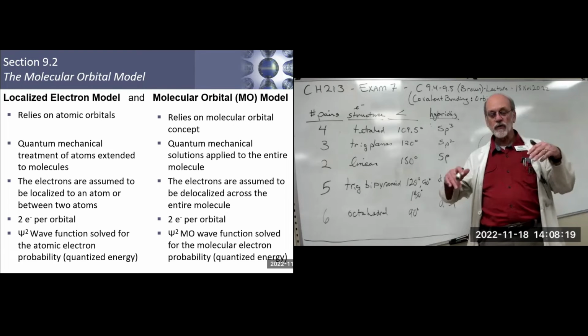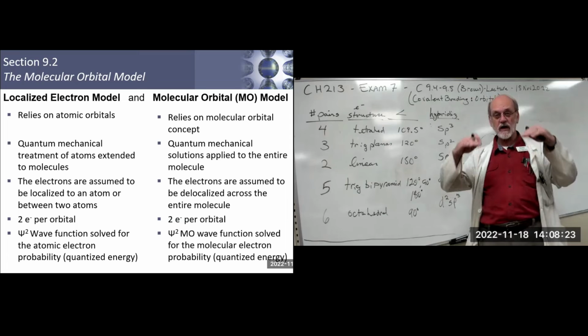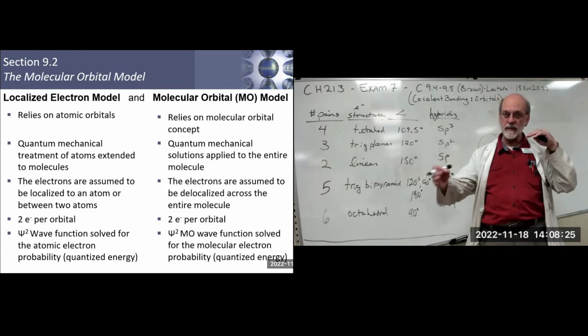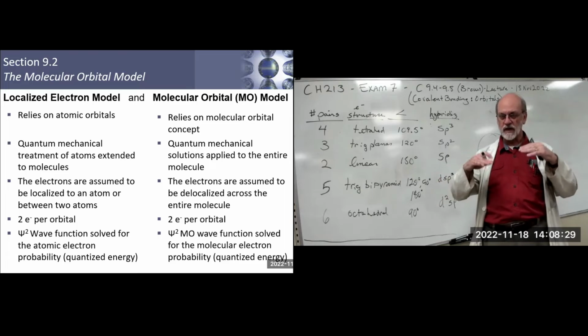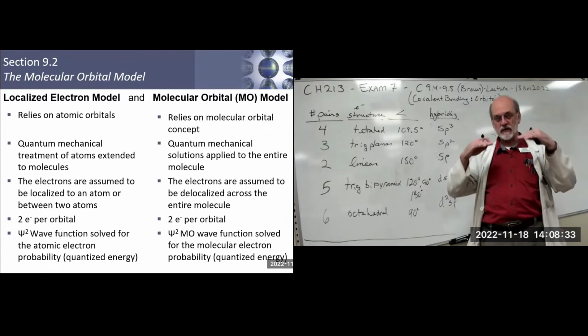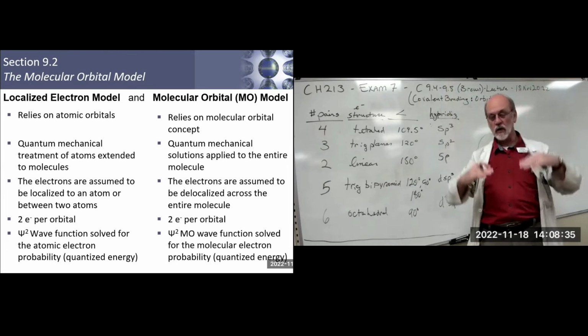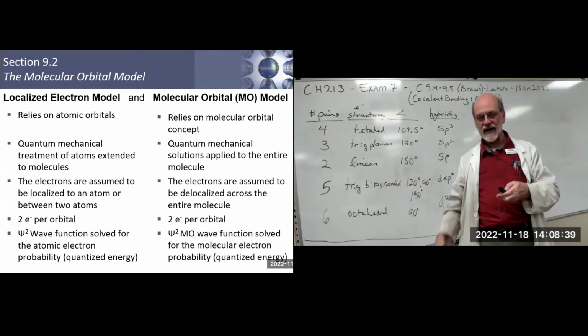But they're both quantized. In other words, electrons can only occupy atomic orbitals in bonding or molecular orbitals in the new molecule at certain energy levels, and nothing in between. They're either here, here, here, here, wherever the case may be. There's nothing in between. We're still quantized.